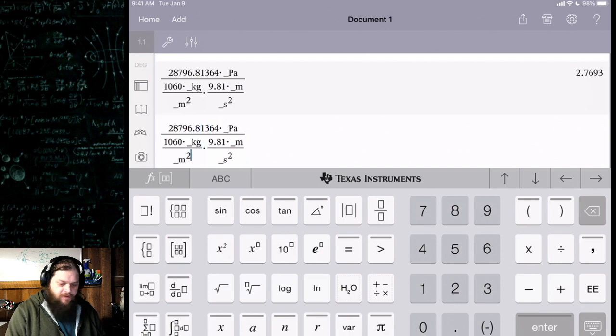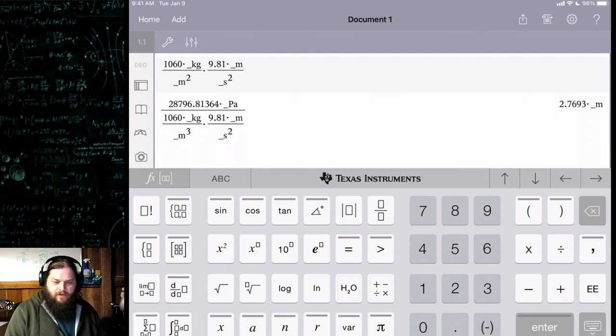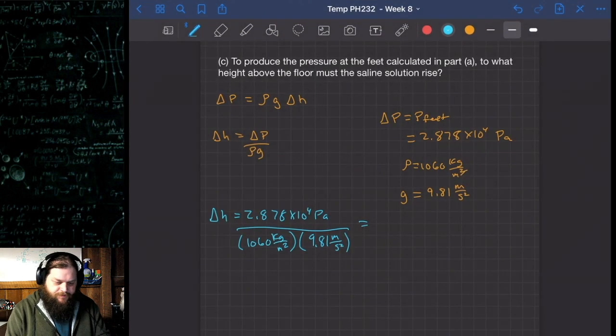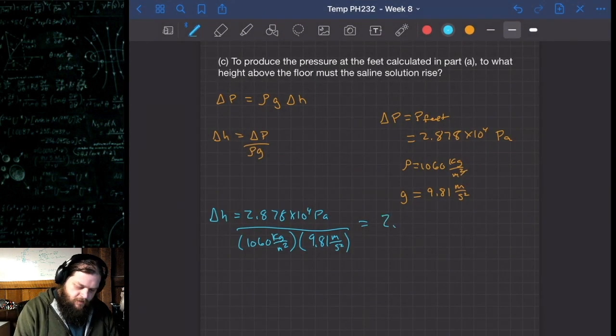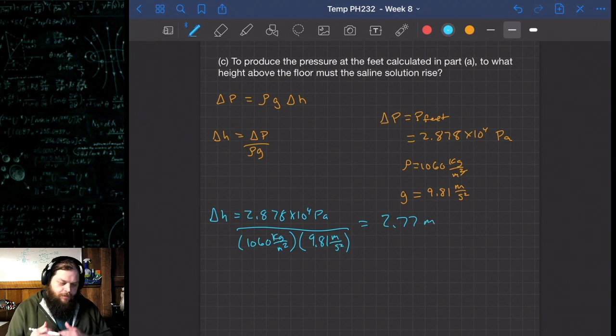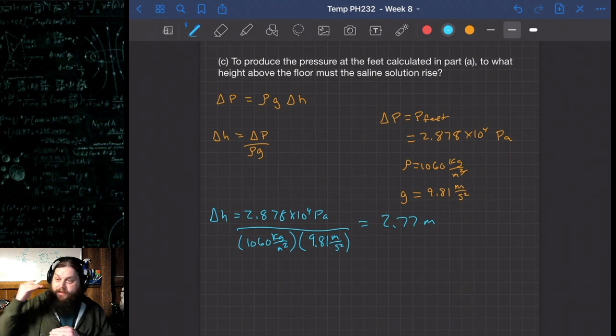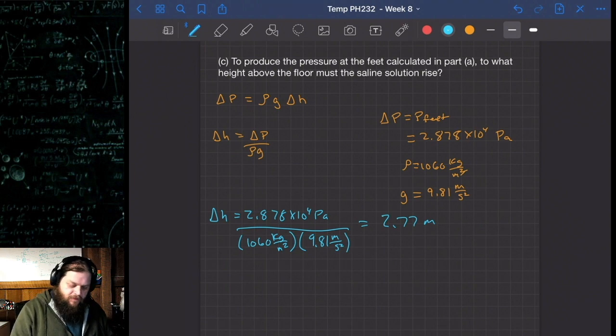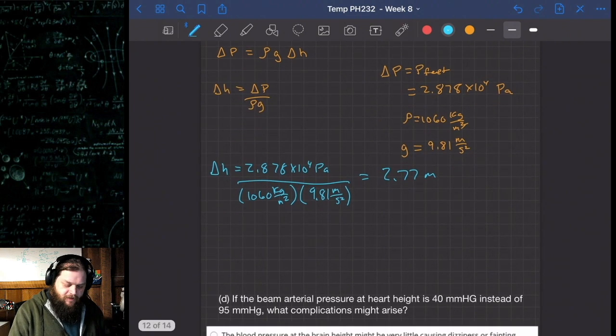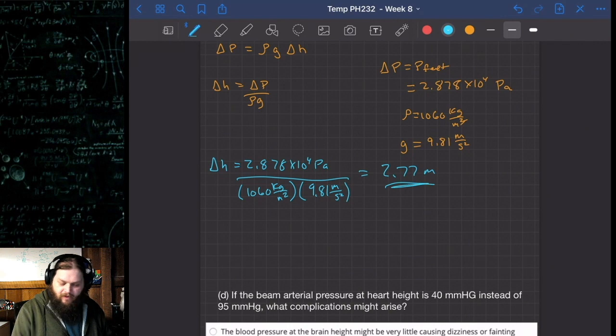My meters should be cubed. I wrote it down in my notes wrong, so everything's wrong. There you go: 2.77 meters. That's how high the saline solution would have to be above the floor to give you that same pressure at your feet. And it's that much density of saline solution above it, which is pretty tall.